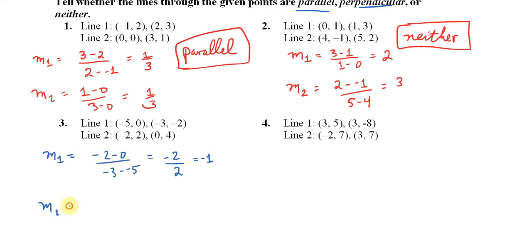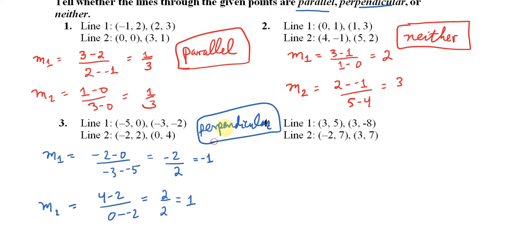The second line, M2, is 4 minus 2 divided by 0 minus negative 2, so that's 2 over 2, which is 1. Now these two slopes are negative reciprocals of each other. Another quick way to check is if you multiply them together, you get negative 1. So line 1 and line 2 in this example are perpendicular to each other.